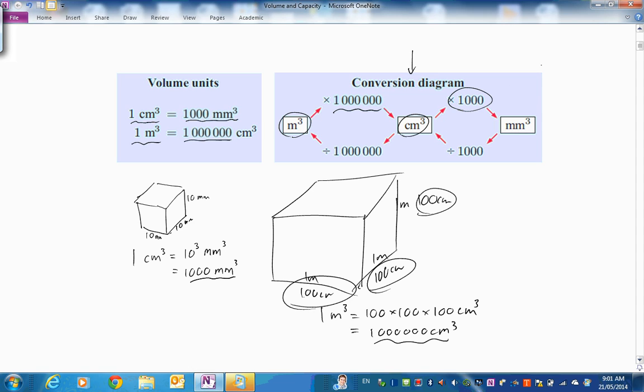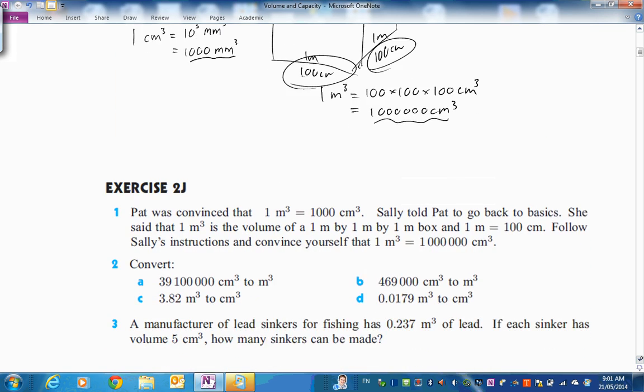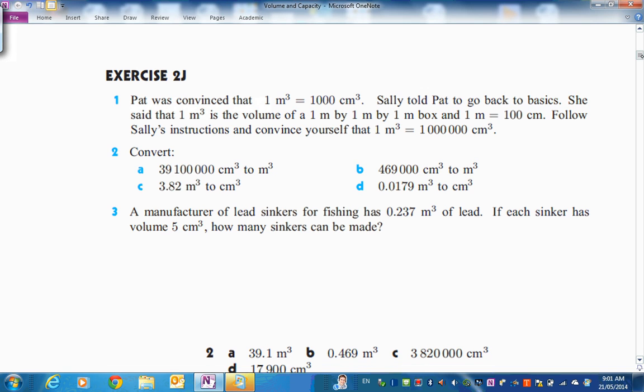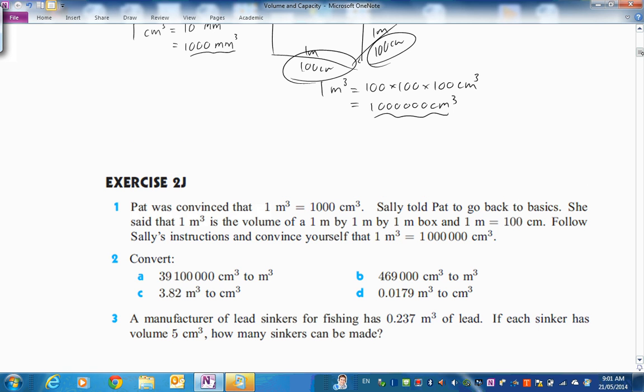Same idea as before. If you're coming back from smalls to bigs, you're going to divide. You have less of them. Same conversion method. Come down, I want you to have a go at a few here.